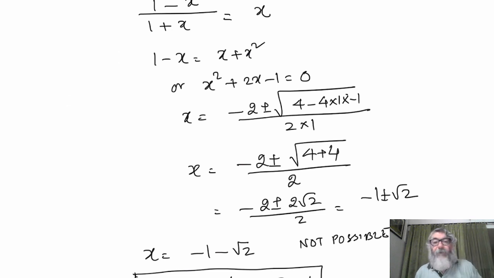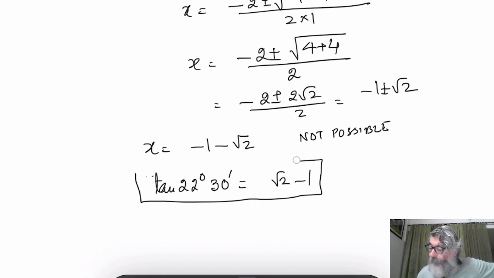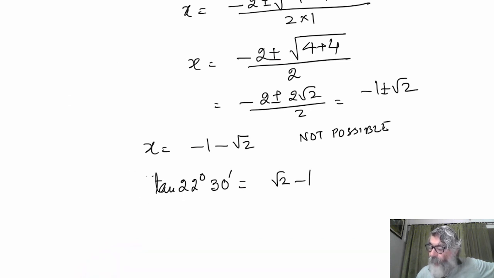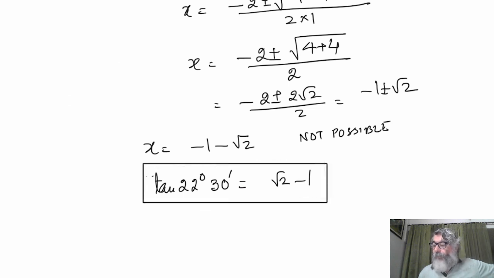This is the only value which we have. The negative value is not possible, because 22°30′ is an acute angle, and trigonometric ratios of acute angles are always positive. So this is the value of tan 22°30′.